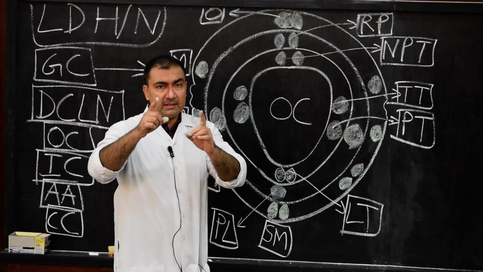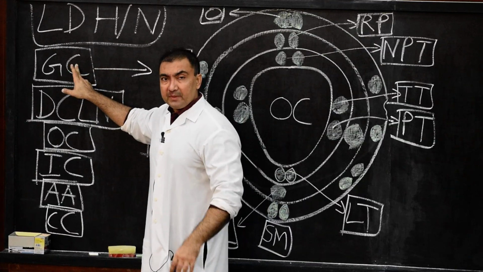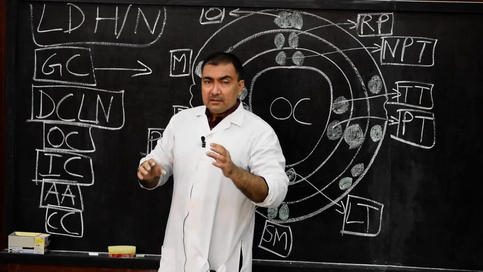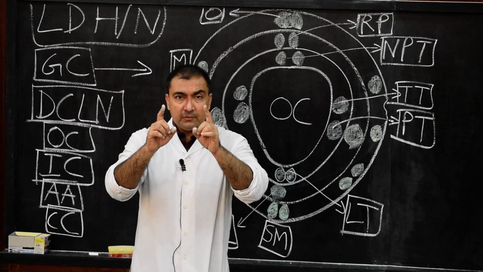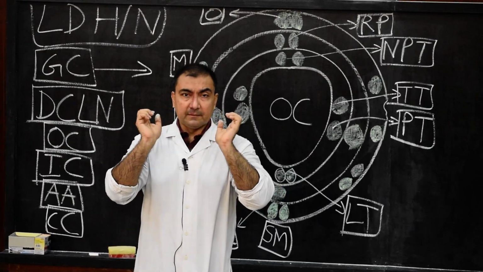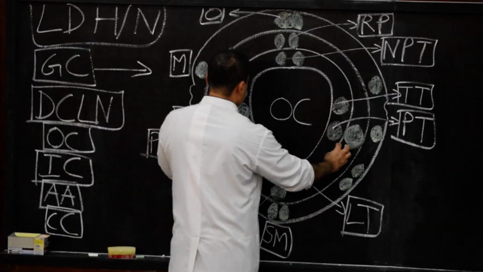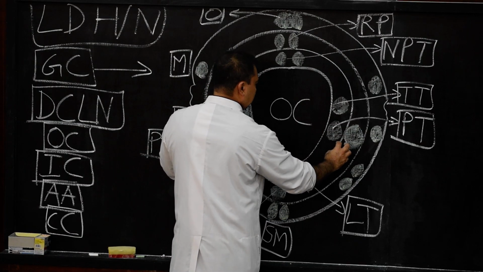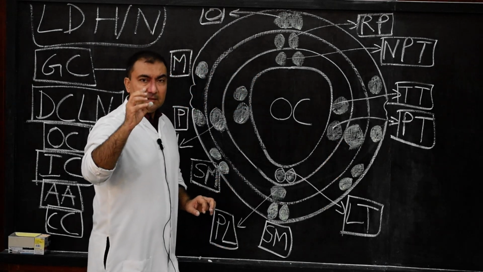All these points are located in general consideration, that is what we are discussing. Now the deep cervical lymph nodes are arranged around the internal jugular vein. So if you draw the internal jugular vein over here in this cross section, there will be a collection of the deep cervical lymph nodes.